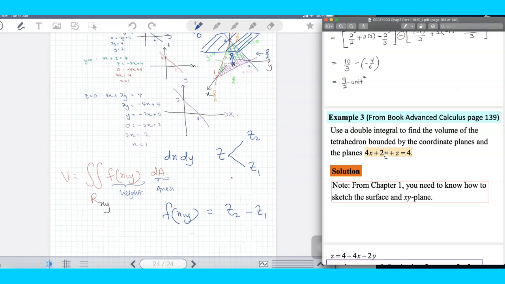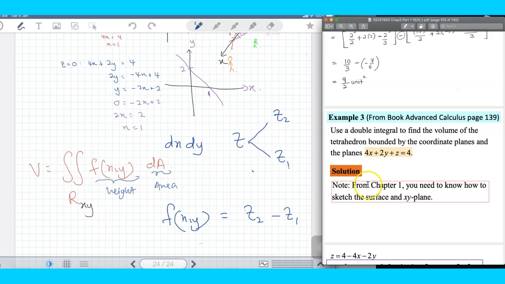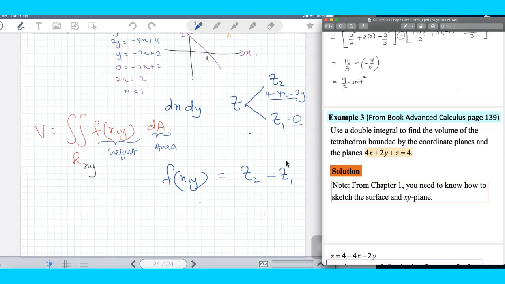Okay, so now we go back. We already obtained the z1 and z2. So the z1 just now we got 0, right? And z2 is 4 minus 4x minus 2y. Okay, we already get that. So now we put z2 minus z1.